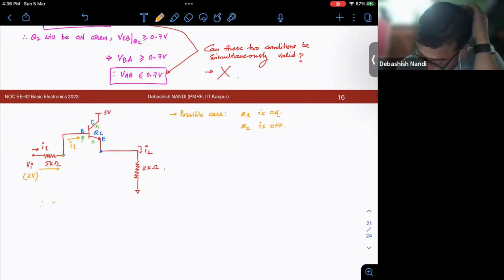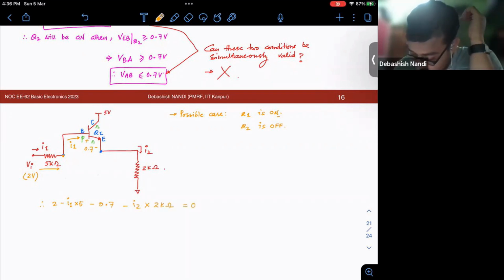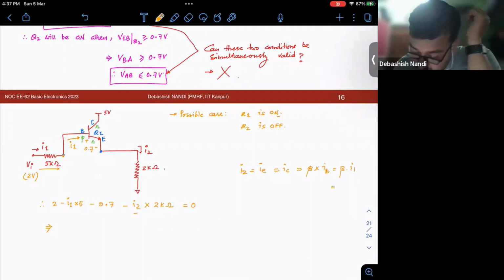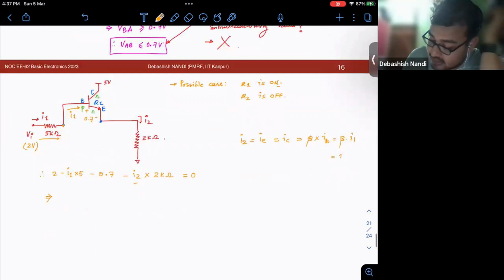It is simple. 2 minus I1 into 5 kilo ohm minus 0.7, since it is on, minus I2 into 2 kilo ohm is equal to 0. And I2 is my emitter current, which is beta into IB, and IB is I1, and beta is 150, so 150 into I1.